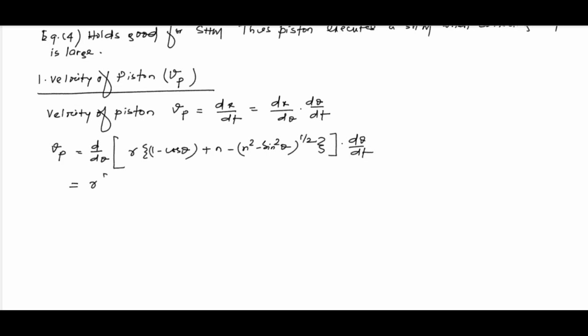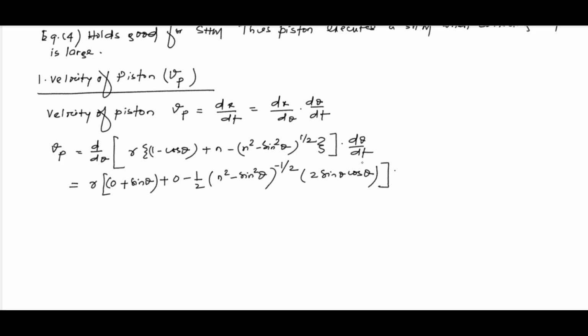So r into (0 plus sine theta) plus 0 minus half (n square minus sine square theta) to the power minus half, into 2 sine theta cos theta, bracket close.